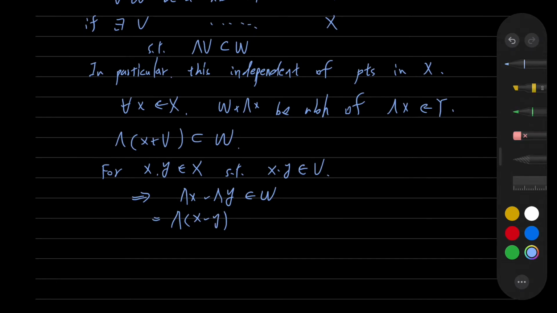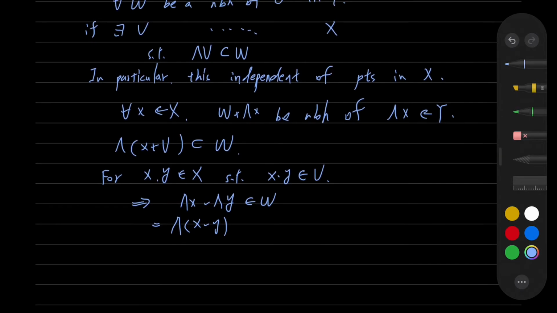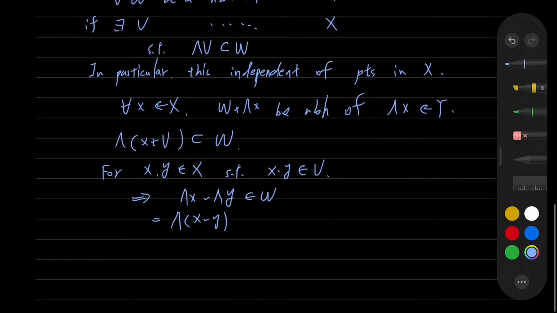So these are the same thing. This is by linearity. But it is uniform in the sense that this choice of neighborhood V does not depend on the point you choose. So the only thing that matters is the continuity at 0.